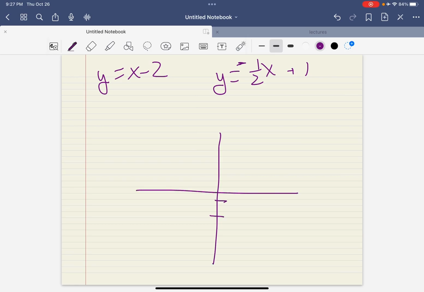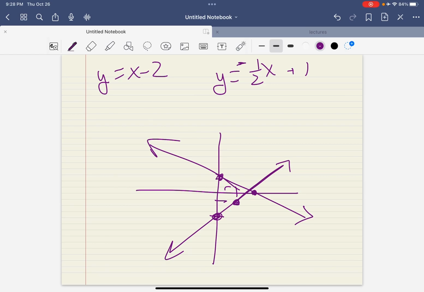This line starts at -2 and it has a +1 slope. Gonna look like that. And then this one starts at 1. It has a -1/2 slope, so it's going to be down 1 and over 2. That could be that it's right there, because I didn't do a real good job of graphing. Yeah, I think they do intersect right there.